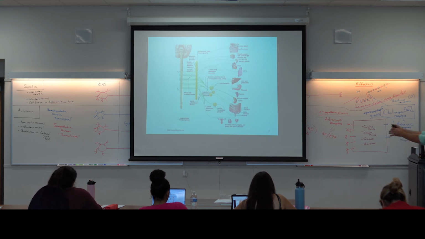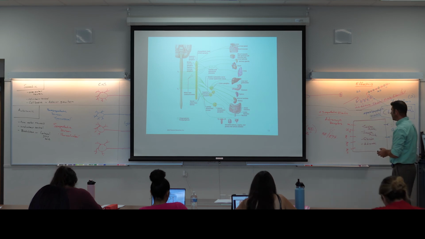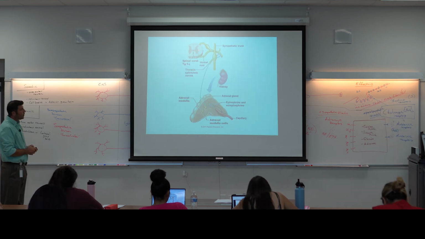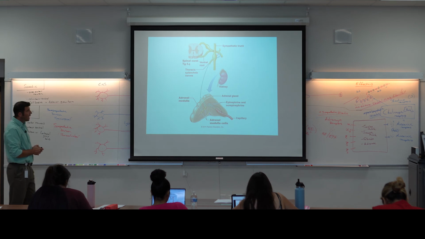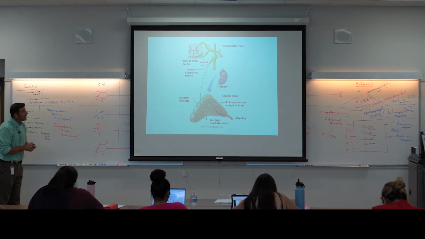Here's another, once again, that picture of that sympathetic chain ganglia and a few of these prevertebral ganglia. Typically short preganglionic neurons and longer postganglionic neurons when we're looking at the sympathetic division. Let's zoom in. What we've got here is a cross-section through the spinal cord. And just like we were labeling, you can see the preganglionic neuron.